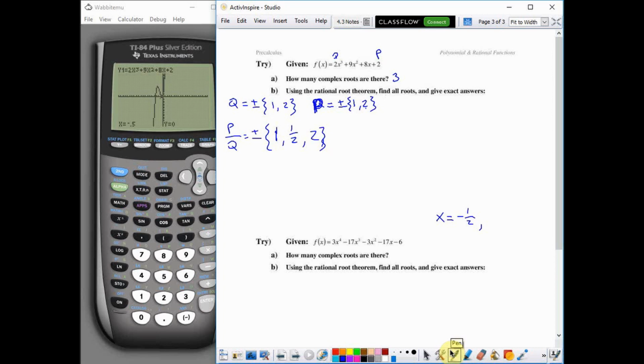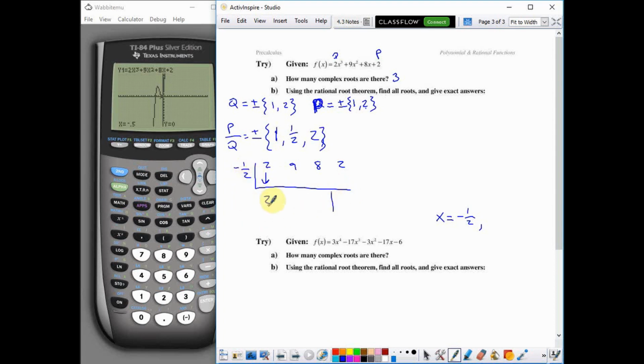Okay, and I don't see anywhere else that I'm going to find one on that graph. So I'm going to use synthetic division. So I'll use -1/2 and all my coefficients, 2, 9, 8, and 2. So I bring down the 2 and then multiply and add until I get through the end here.